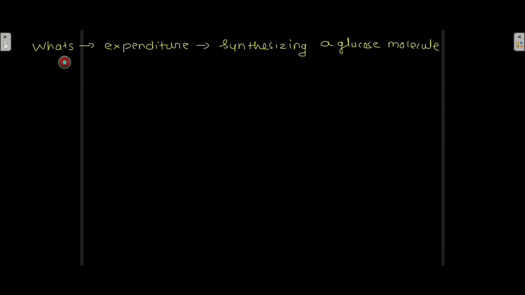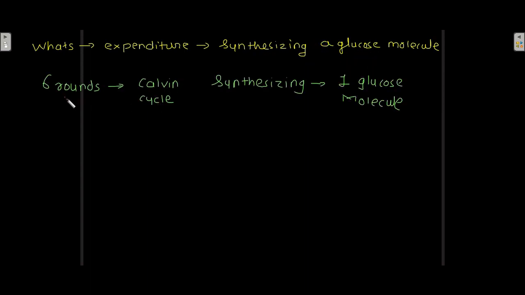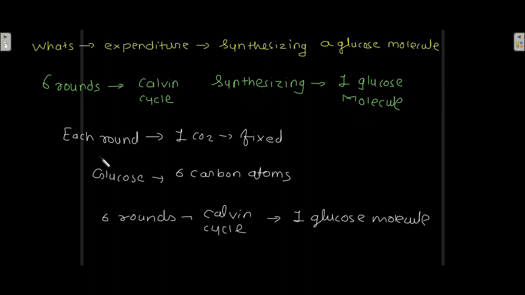Now let's see what the expenditure is for synthesizing a glucose molecule. 6 rounds of the Calvin cycle are required for synthesizing one glucose molecule. In each round 1 carbon dioxide is fixed, and glucose is made up of 6 carbon atoms, and that is the reason why 6 rounds of the Calvin cycle are required for synthesizing one glucose molecule.